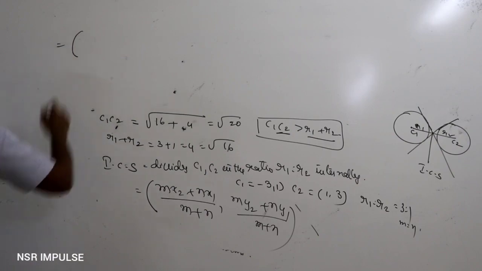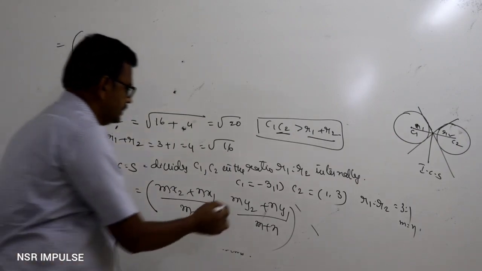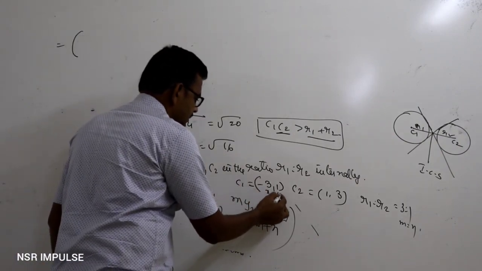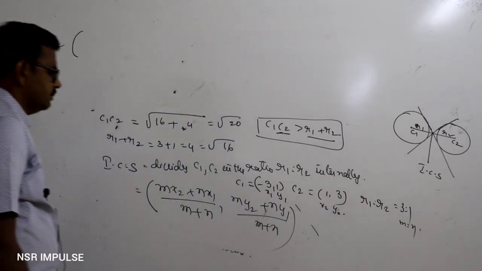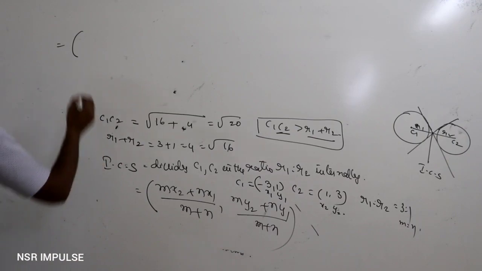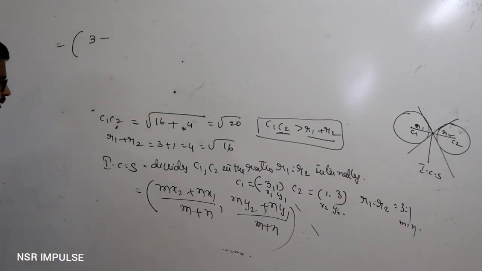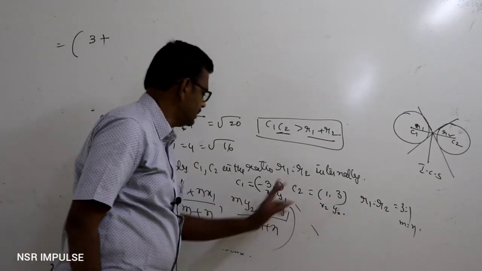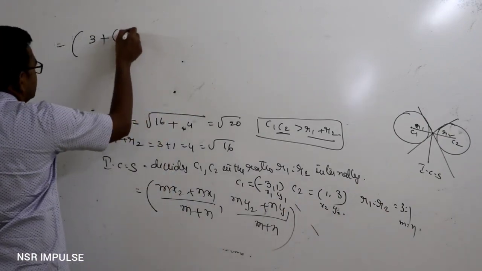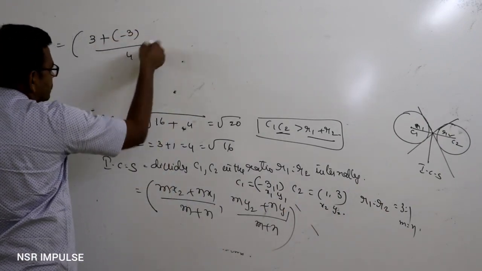So here this is x1 y1, this is x2 y2. mx2 plus nx1, that is 3 plus (minus 3) by m plus n, 4.